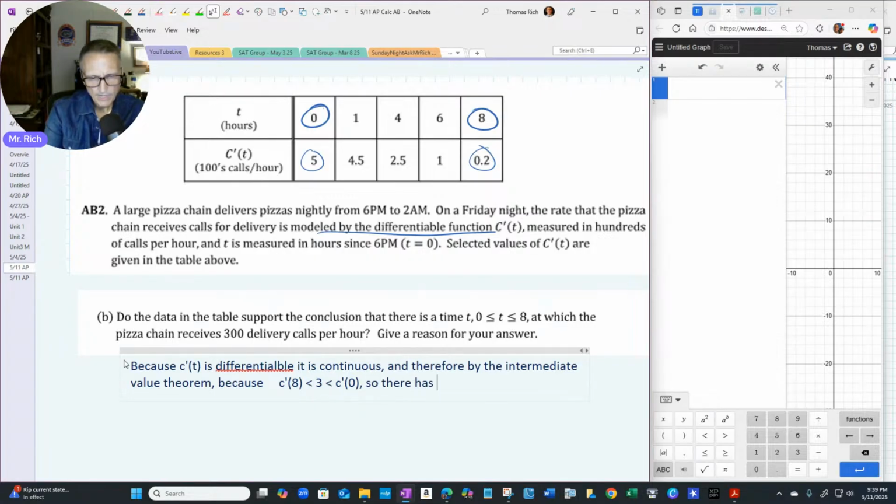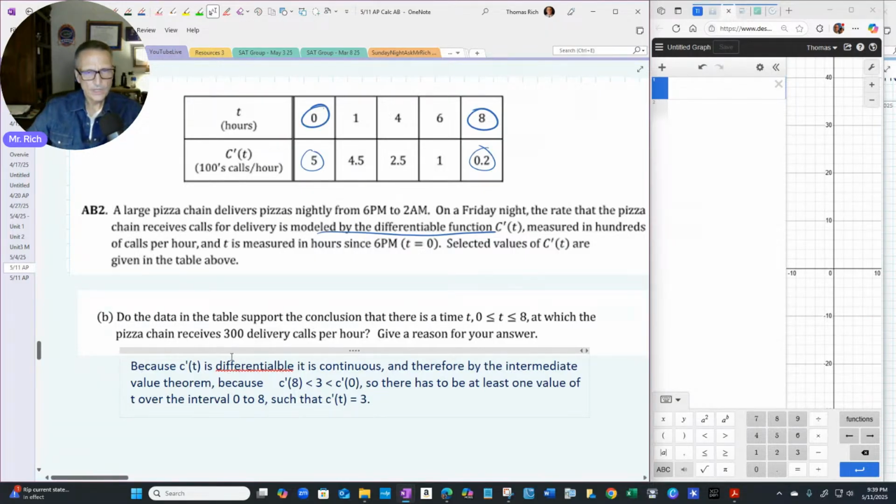So there has to be at least one value of t over the interval 0 to 8 such that C prime of t is equal to 3, which is 300 delivery calls per hour. So that was an intermediate value theorem problem there.